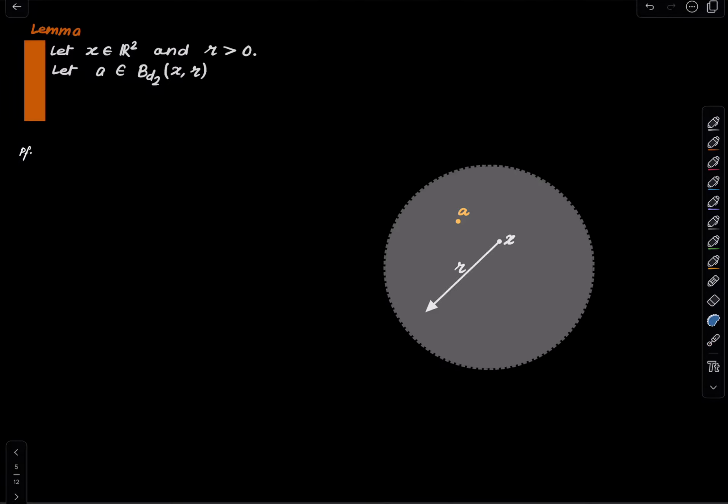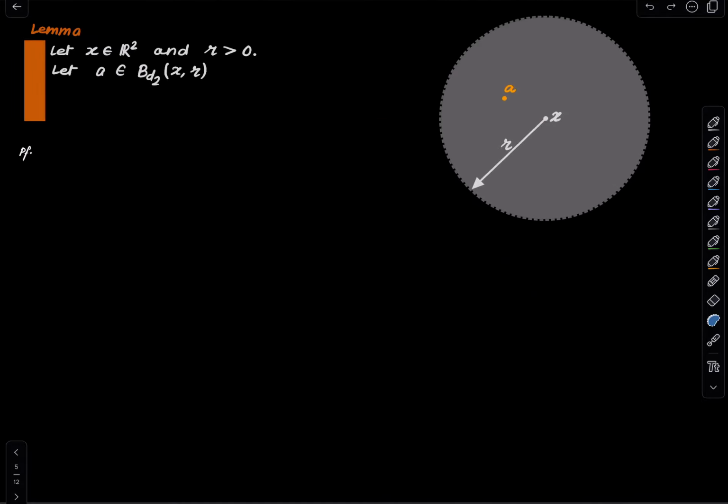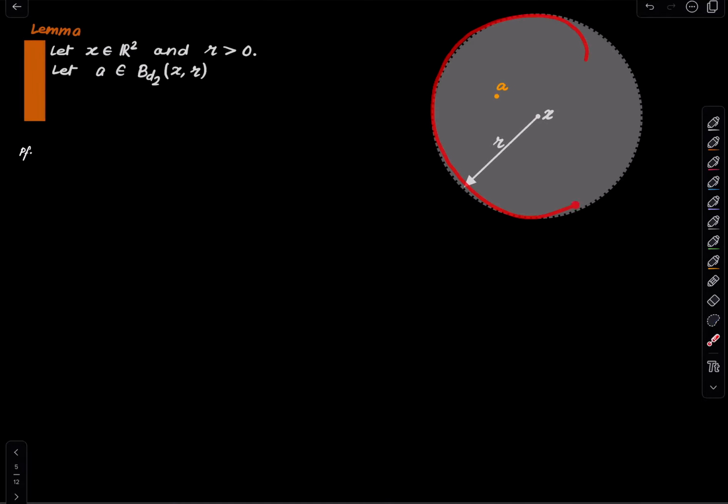So we have this ball of radius R around X, and A is a point inside it, then there is a t greater than 0 such that the ball of radius t around A is contained in the ball around X that we have.